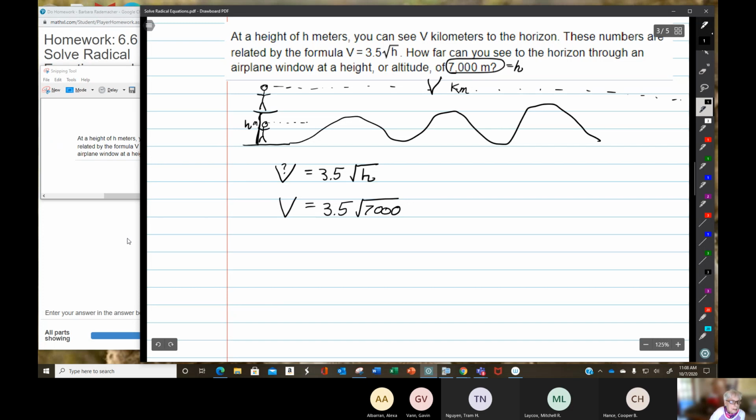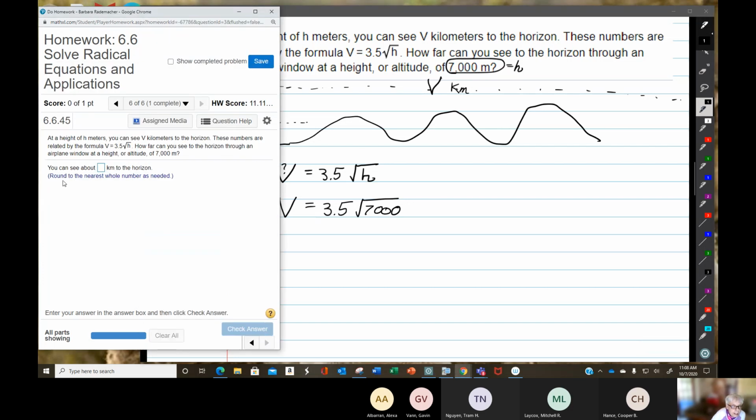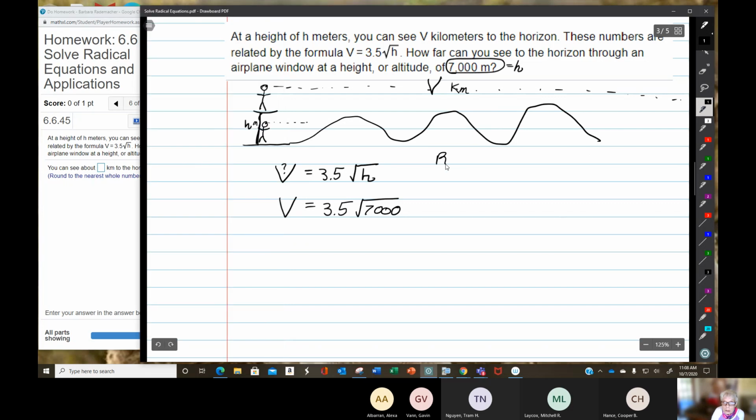Okay, now, let us see. It says here, round to the nearest whole number as needed. Let's write that down: round to nearest whole number.